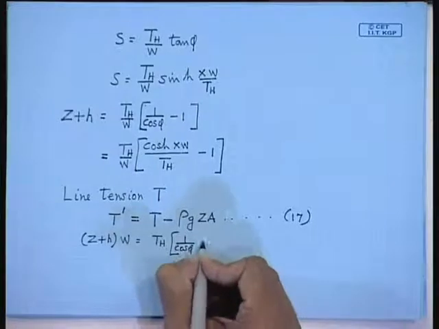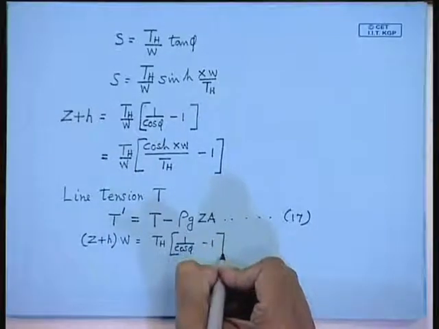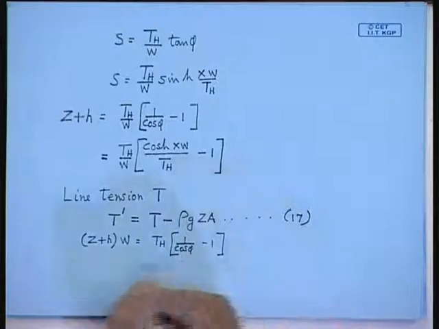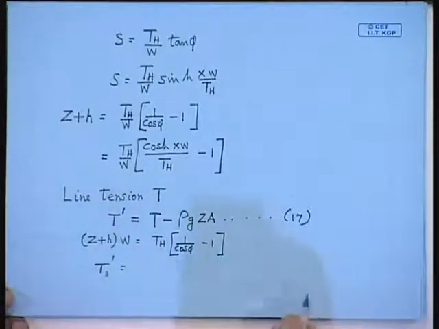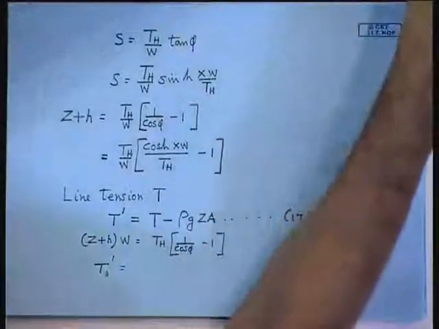So, this is 1 by cos phi minus 1. And the expression for T prime naught, we have derived the expression for T prime naught. I think last class we have done that.